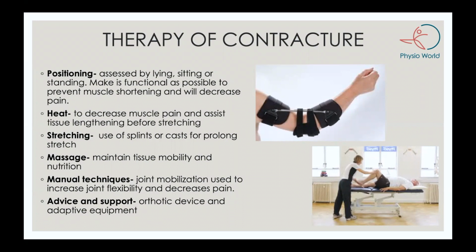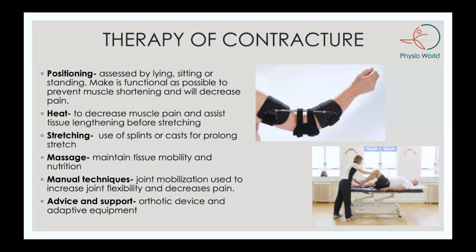When we apply a heat modality to the muscles, this will lead to vasodilation, which will increase the blood flow, oxygen, and nutrients to the muscles. This will help when we're stretching the muscle, as it will prevent pain and it will also improve the range of motion. So when we're actually performing the stretch, it's pain-free for the patient.